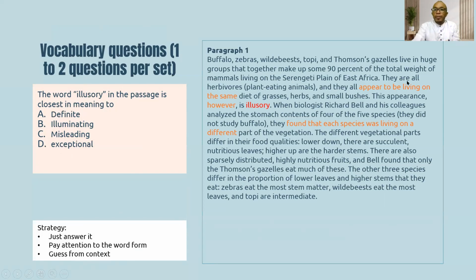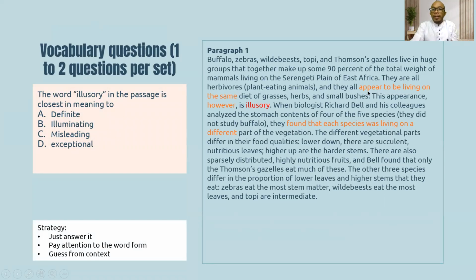read the parts around illusory, then you will see that they all appear to be living on the same diet. Okay, so these herbivores appear or seem to be living on the same diet or eating the same food, right? Now, the next sentence where the word is located says disappearance, however, so however is a signal word for contrast. Okay, so this is something that contrasts with this information.